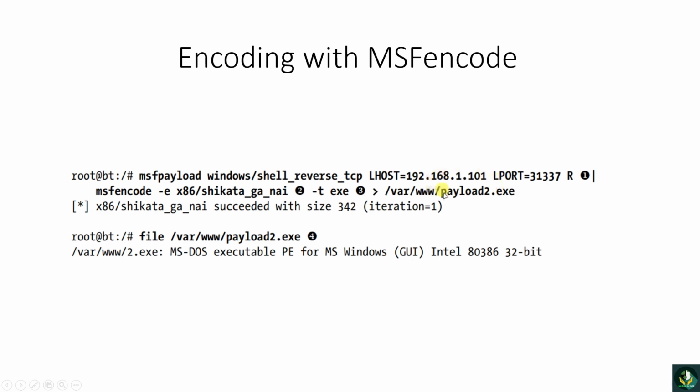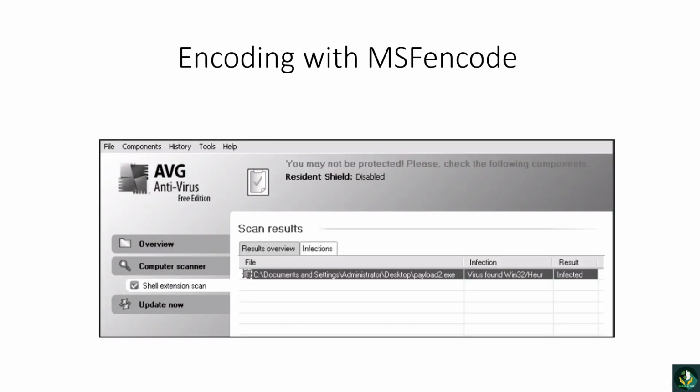Then it will go to this directory, and finally we run a quick check here to ensure that the resulting file is in fact a Windows executable. As you can see, it is .exe. Unfortunately, after payload.exe is copied over to the Windows operating system, AVG detects our encoded payload yet again, as you can see.